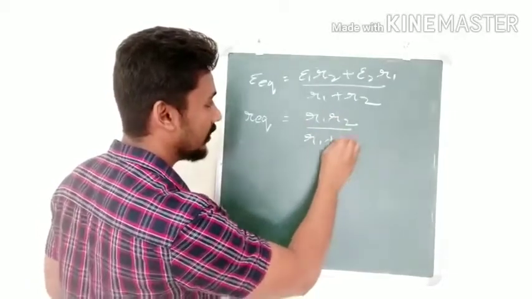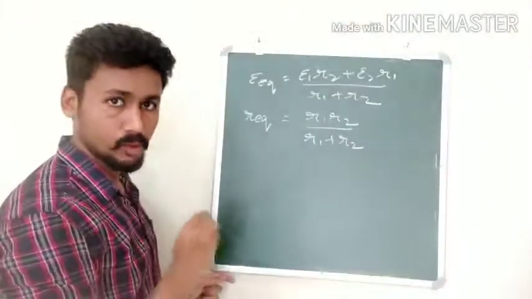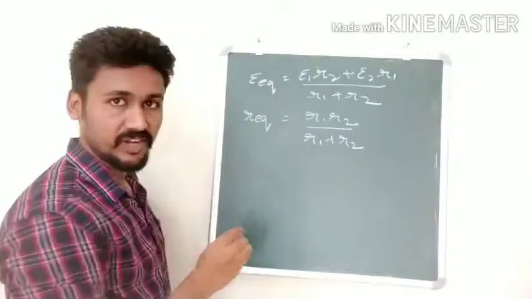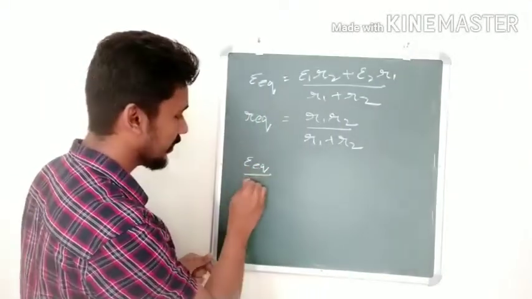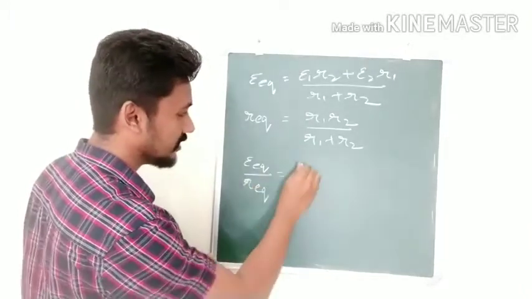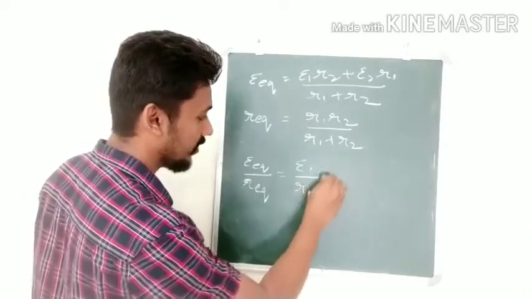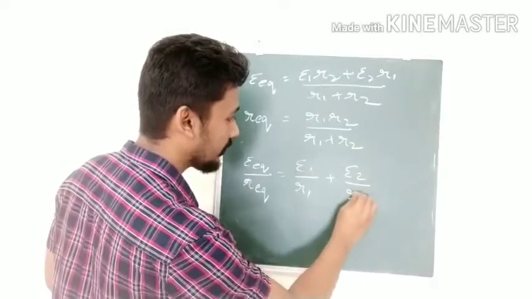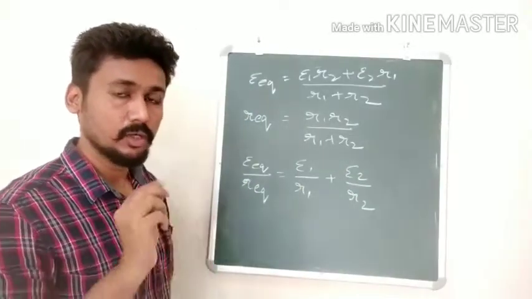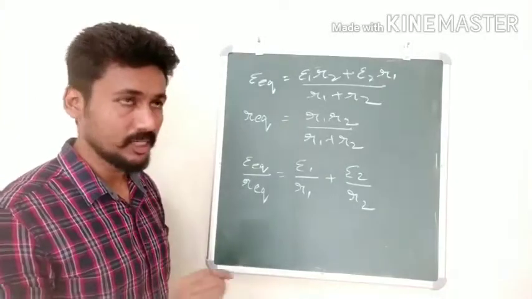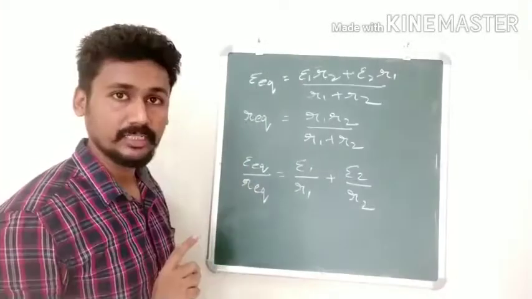To simplify it, you can write the ratio: E equivalent / R equivalent = E1/R1 + E2/R2. So this is our derivation. You have to solve the steps yourself, and you will very easily understand the derivation.